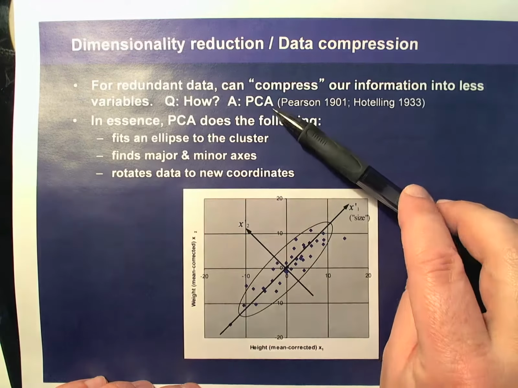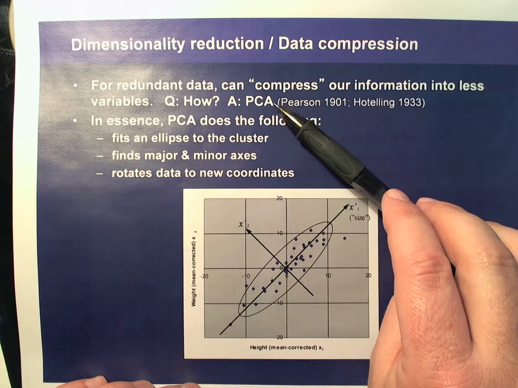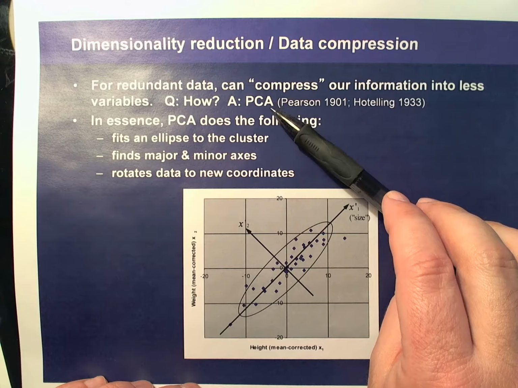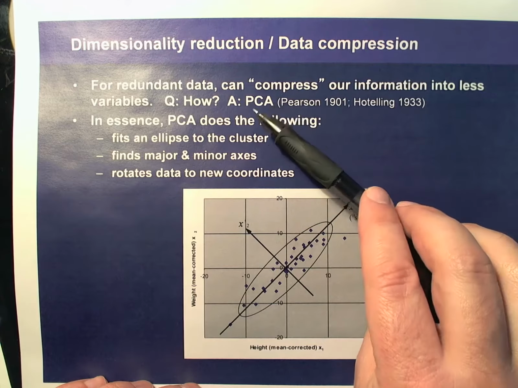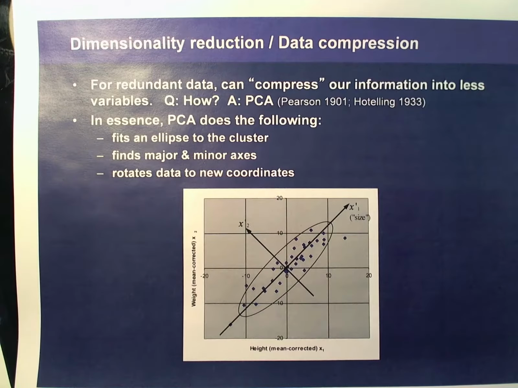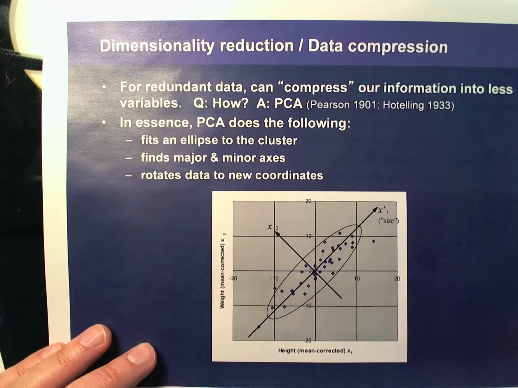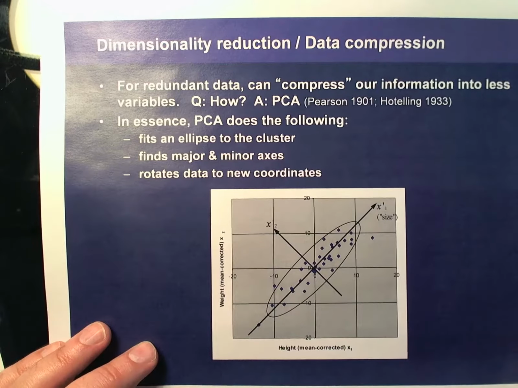In the world of statistics, where I believe it was first invented, it's called principal component analysis. In electrical engineering, we derive the name from a physics term, which is the Karhunen-Loève transform, but they really mean the same thing. Well, here's what this method does in essence. I'm oversimplifying here, but I think it'll get the point across.